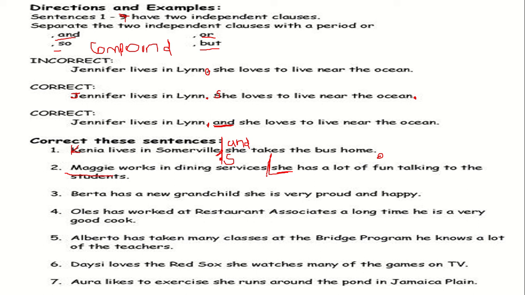Okay, I will help you with number 3. Berta has a new grandchild. She is very proud and happy. So we know that Berta and she are subjects, so we know where each sentence ends and begins. Write Berta with a capital letter and write a period right here. Berta has a new grandchild. Or it could be an exclamation point. Okay?